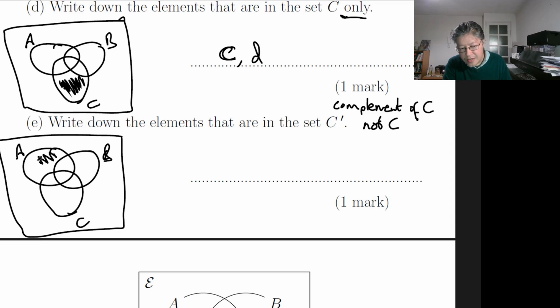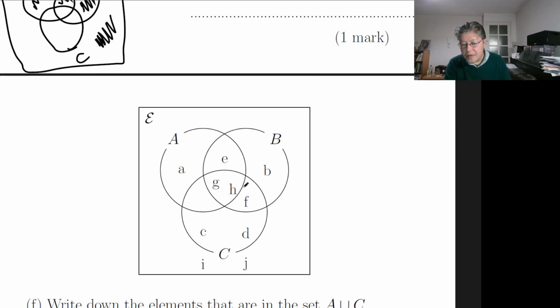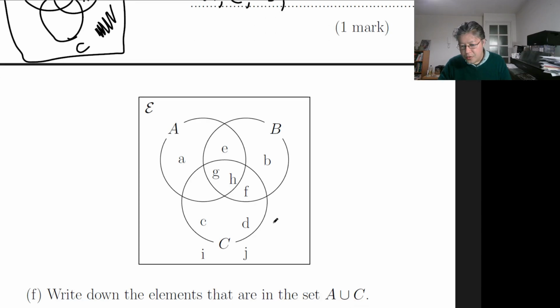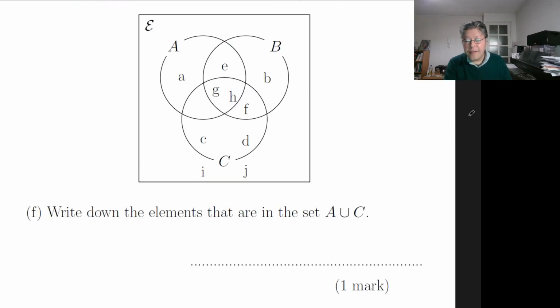So it'll be this region here, this one here, this one here, and also the outside bit. So we can find out on this one. There's C. So not C will be this A, E and B, and also the outside bit, and we see an I and a J at the bottom outside of everything. So I and J.